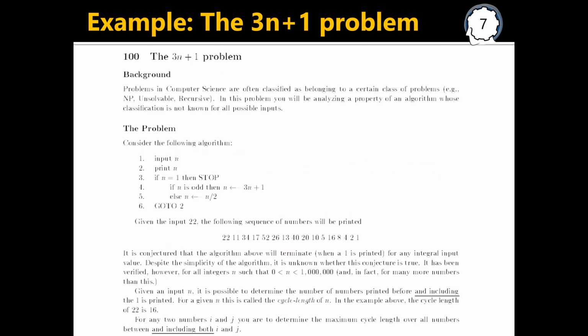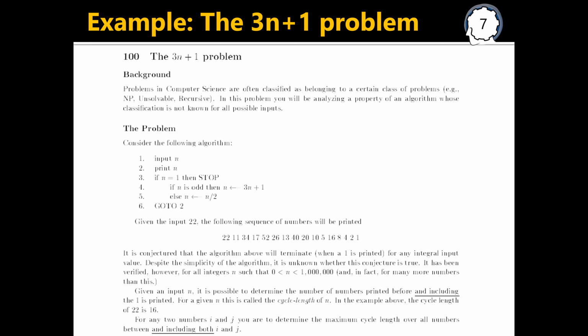So if we look at this particular problem, it's the first problem on the UVA problem solving site. It's called the 3n+1 problem. Here it basically describes a certain class of problems, and it gives an algorithm to compute this. You check if n is 1, then you're done.